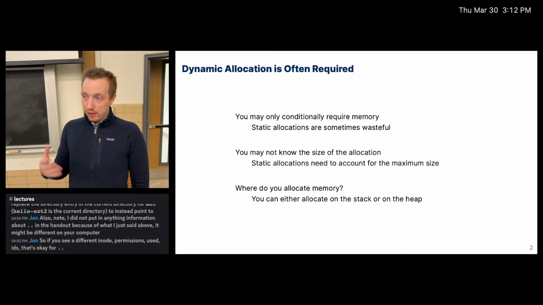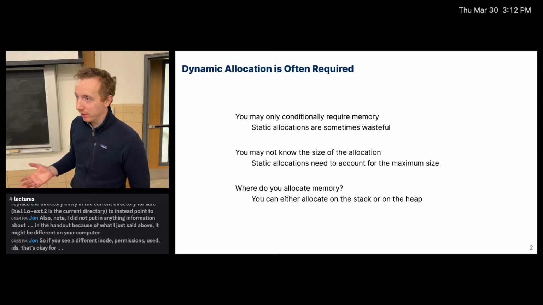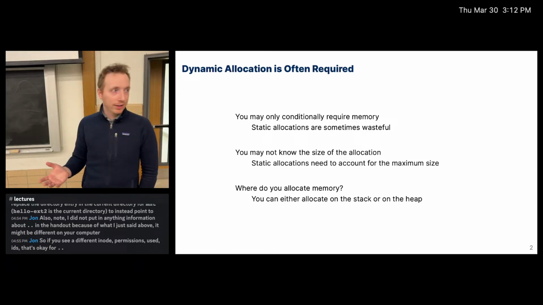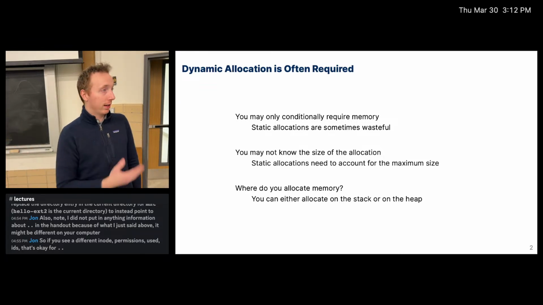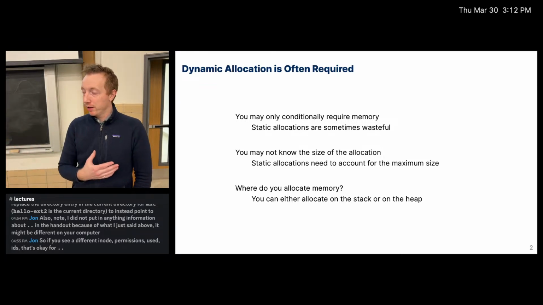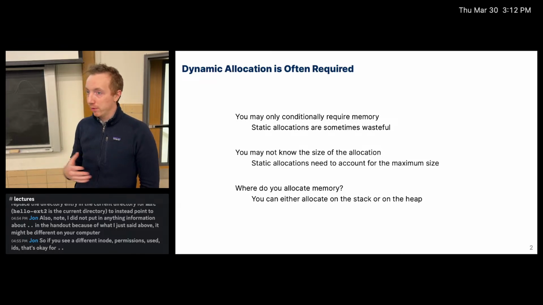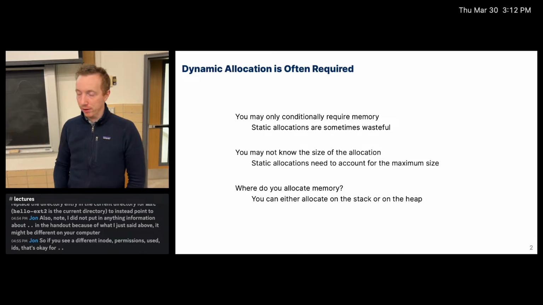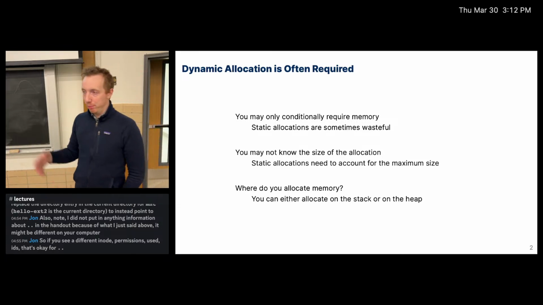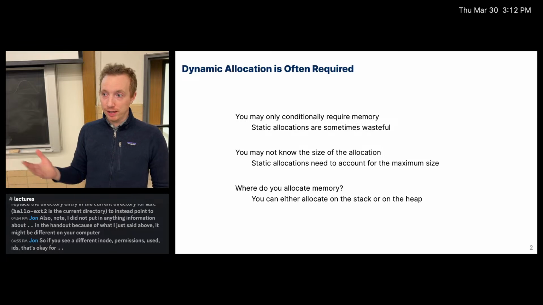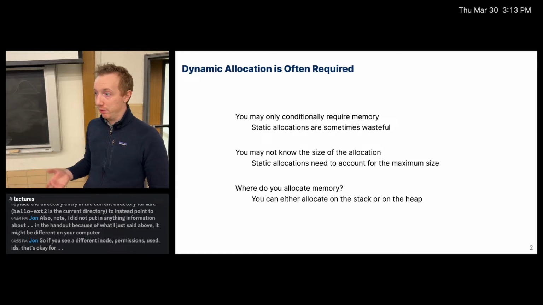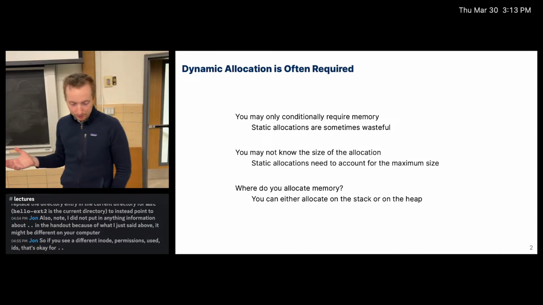Another condition where you might want dynamic allocation is if you don't know the size of anything. With static allocation, I have to declare the sizes up front. The compiler is going to know some of them, like how big an int is, how big a long is, how big a bool is, or whatever. But for arrays, it can't give you memory up front if you don't actually know the exact size of that array.